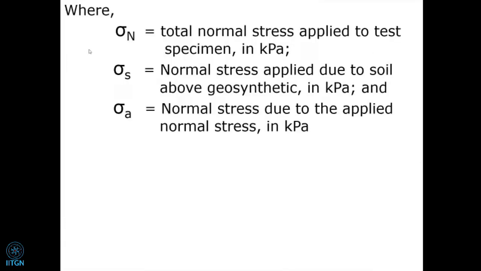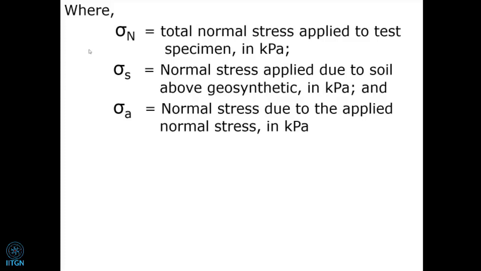Sigma s is the total normal stress applied due to soil or gravel, whatever strata we are going to use in the test, above the geosynthetic in kPa. Then sigma a is the normal stress due to applied normal stress after subtracting the weight of the top 25 mm thick steel plate. We have to subtract that load because it's already added in the normal stress applied.